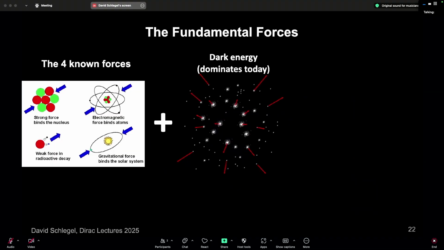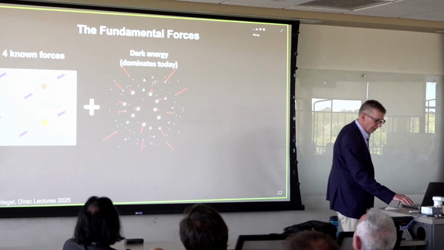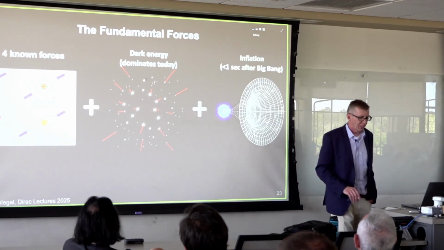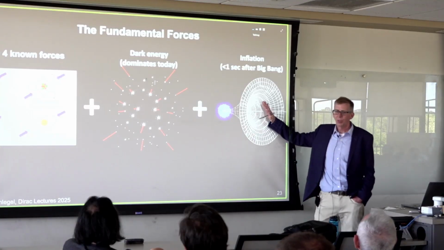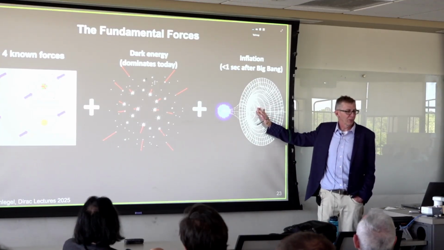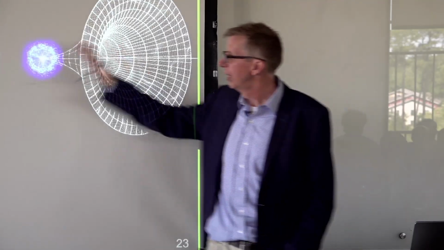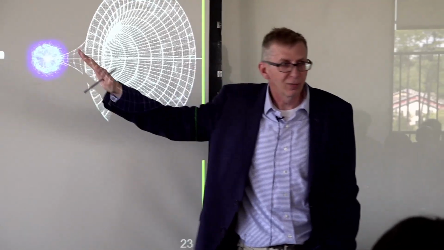Okay, so this appears to be another force. Again, it dominates today. And then at the end of my talk, I'm going to get to, we think there was also another force very early in the universe, in the first moments after the Big Bang. That was the inflationary force. And then together, it would be these 6 forces that then explain the universe.